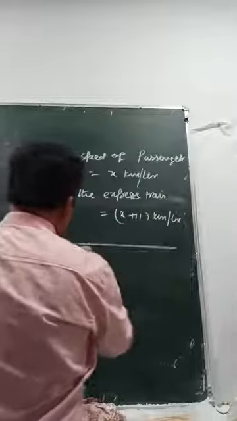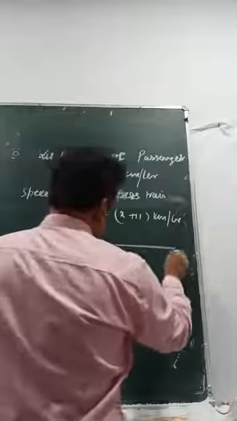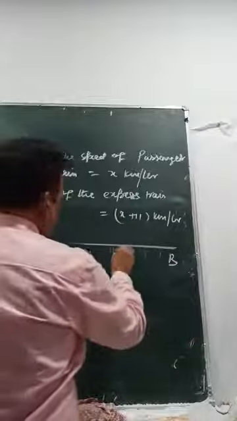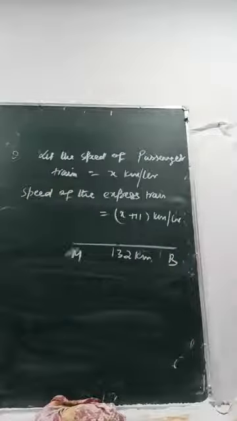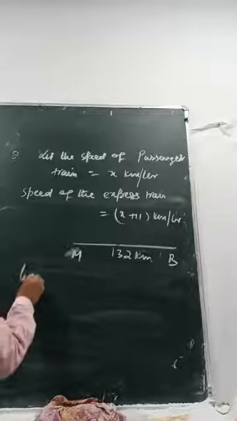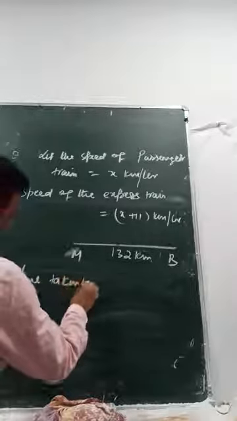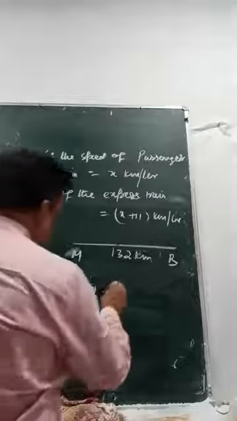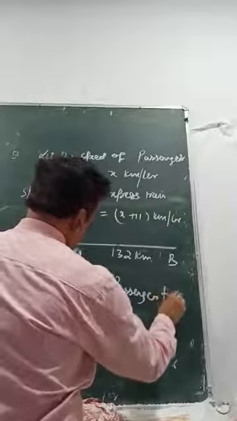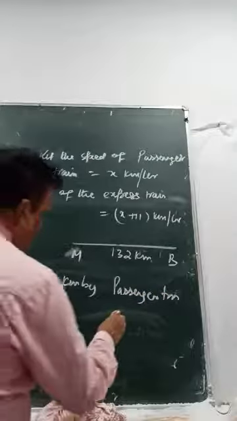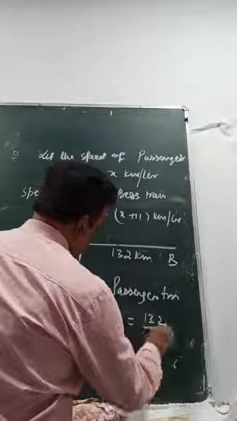Distance is same. What is the distance? Mysore to Bangalore. It is 132 kilometer. So time taken by the passenger train. How much? Now distance by speed. So 132 by x.